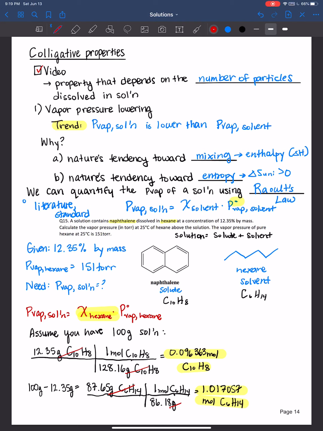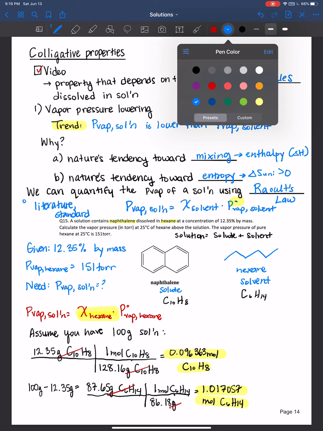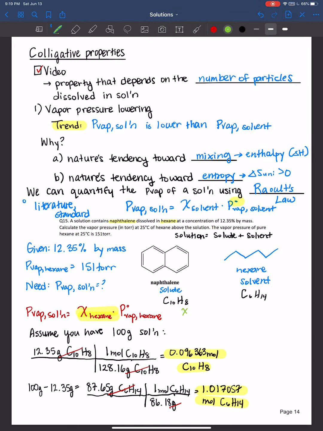So we need moles of the hexane over the total moles of solution, which is the moles of the solvent plus the moles of the solute, 0.096363 moles.